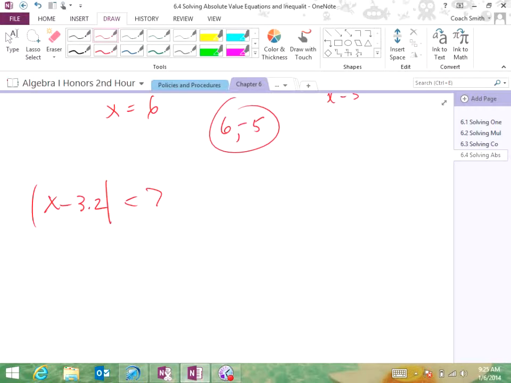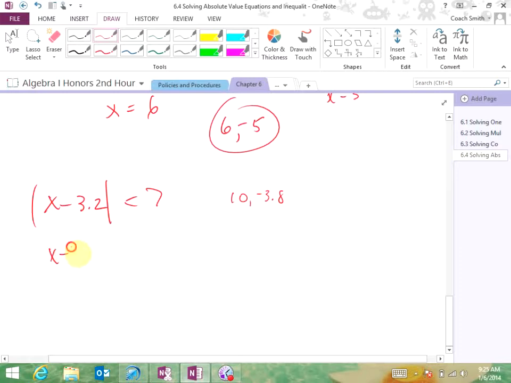You missed the second one. What'd you get, Caleb? Negative 3.3. Nope. Missed it. Zach? Negative 3.8. So it is 10.2 and negative 3.8.